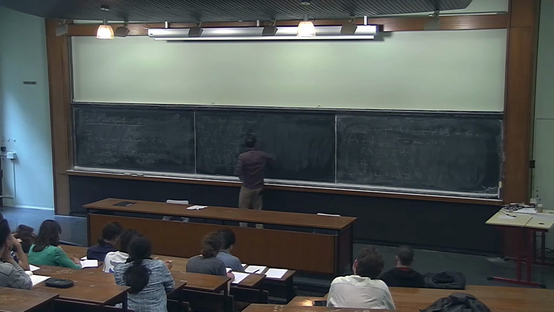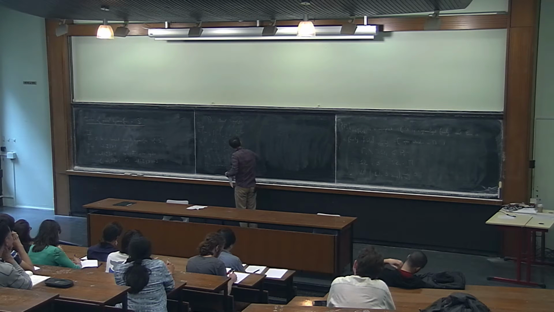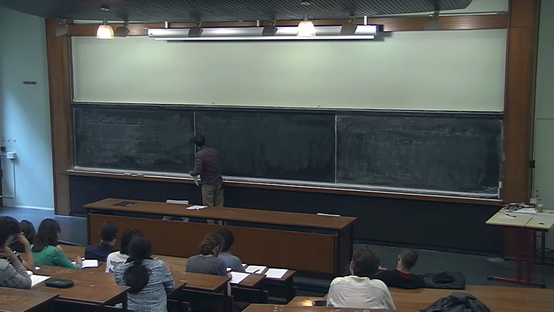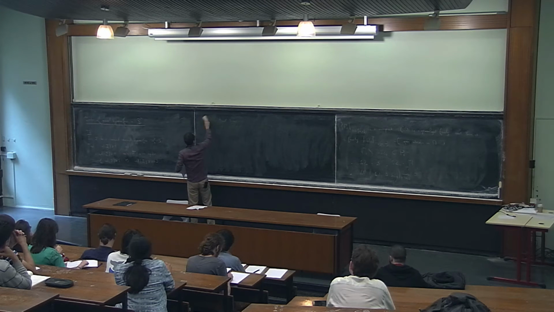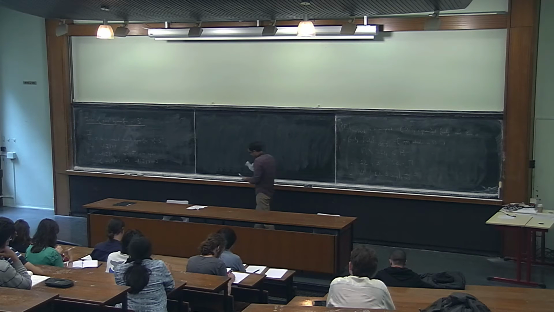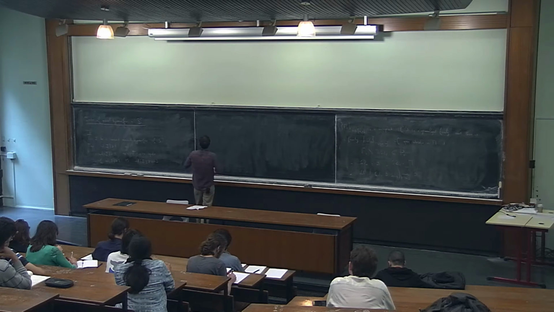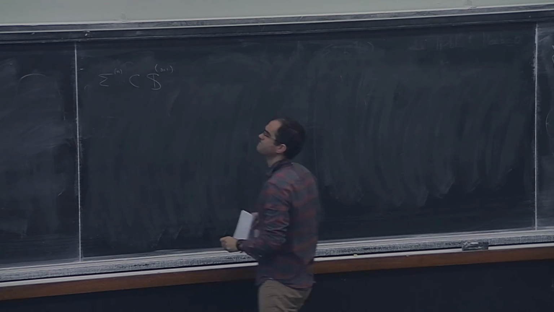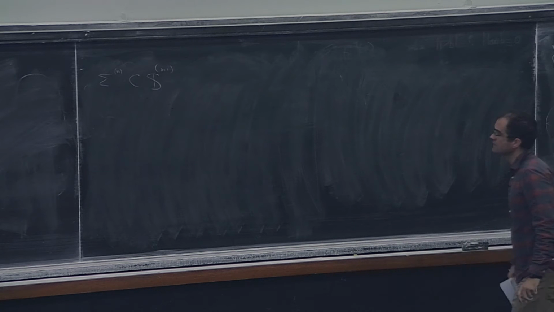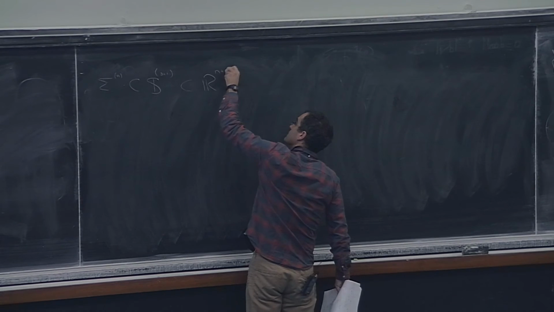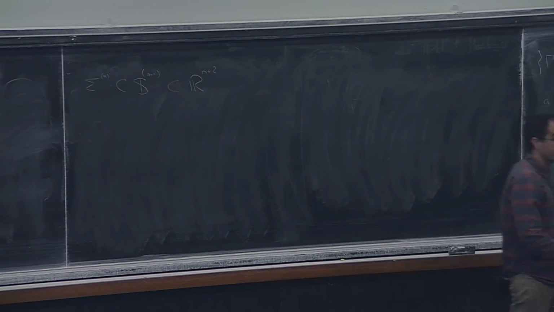So in order to prove this, I need some computation, not so hard a computation, but let's do one thing. So I look at sigma^n inside the unit sphere, and I see this inside the Euclidean space of dimension n+2.